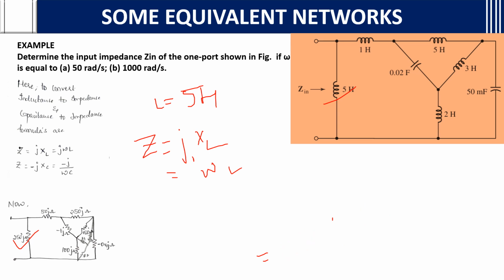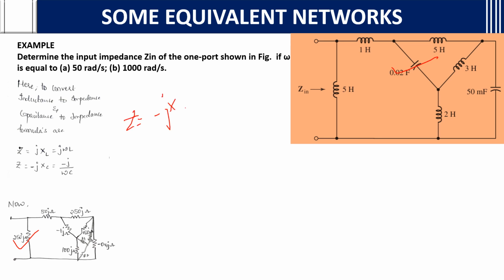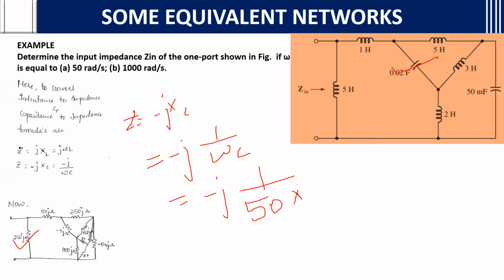Then the inductor is done. One more I will show for capacitance so that you will understand. For capacitance I will consider 0.02 farad. Z is equal to minus jXC, that is minus j into 1 by omega C. With omega 50, as we considered initially in the first question, into C, 0.02.